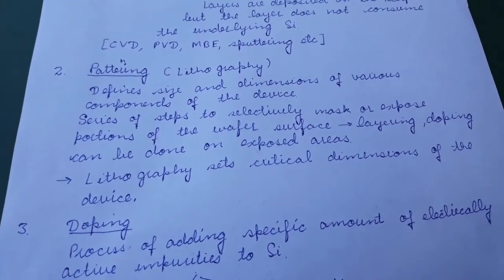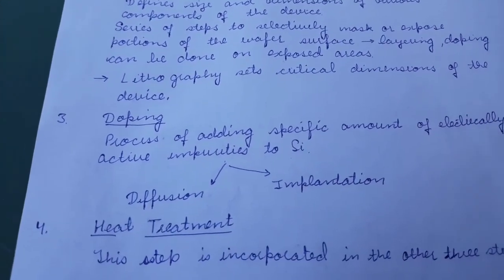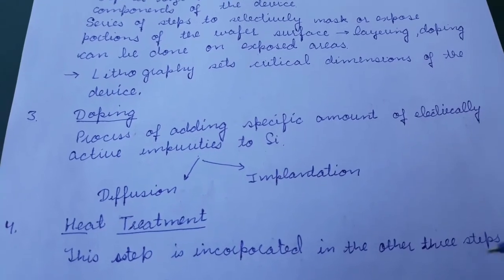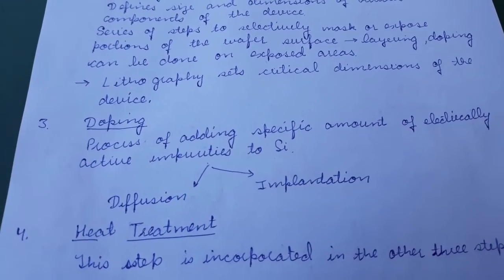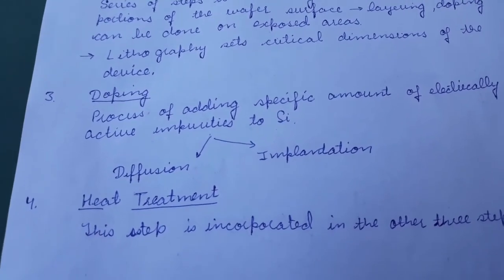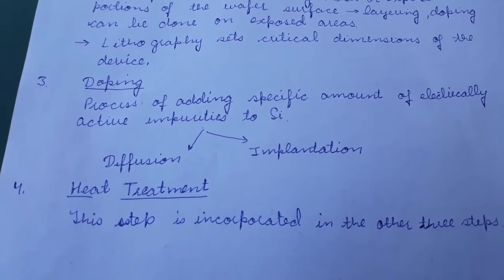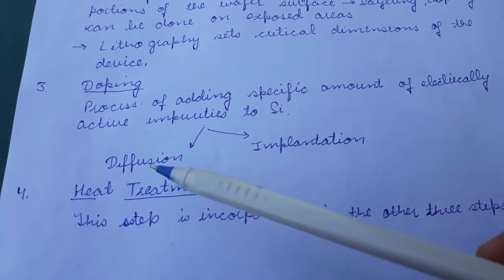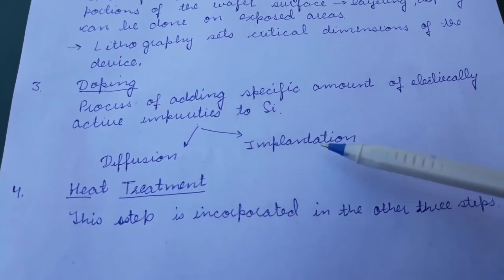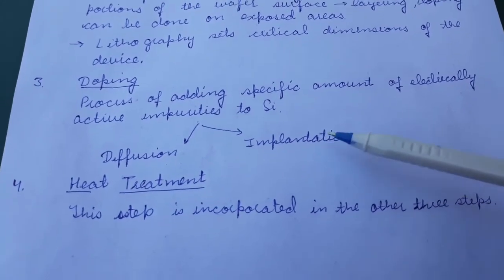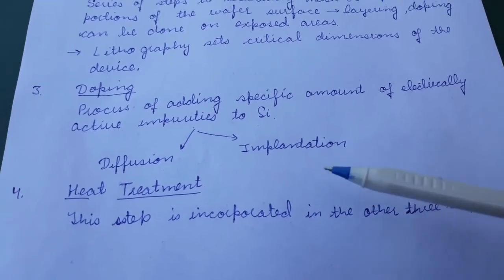The next step would be doping. Doping means that you add impurities to the silicon wafer or any layer that is deposited. Doping can be done either by diffusion or by implantation of ions using a focused ion beam.